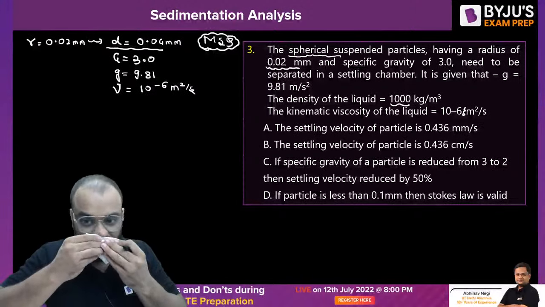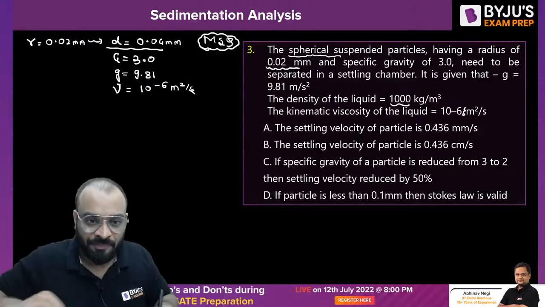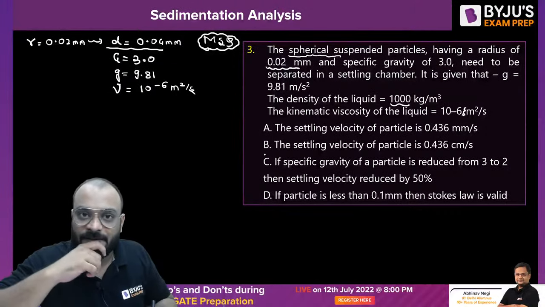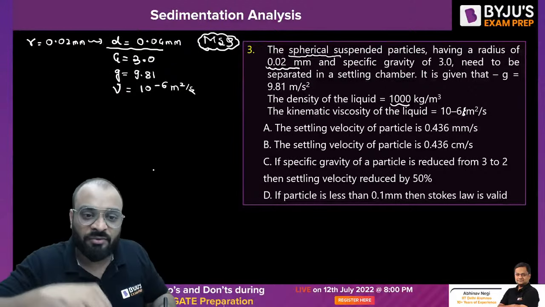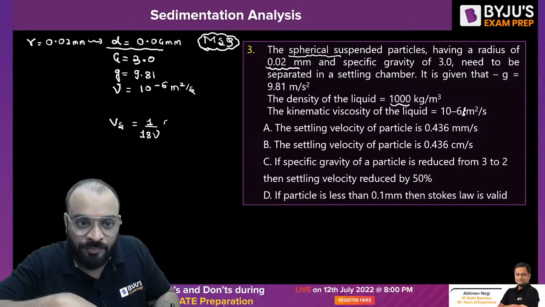Okay, now let's check it out guys, which of those statements are correct over here. First thing, we need to find out the settling velocity of the particle. You know the formula: Vs is equal to how much? 1 by 18 nu into (G minus 1) into small g into d square.